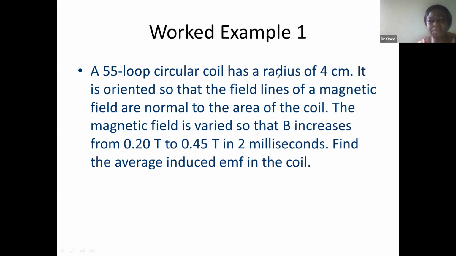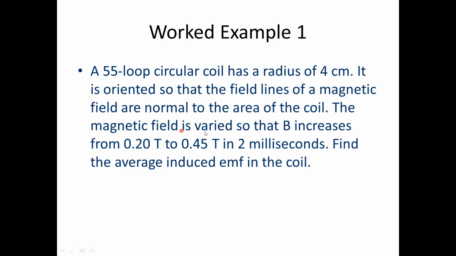This is worked example 1, question 1, which says: a 55 loop circular coil has a radius of 4 centimeters. It is oriented so that the field lines of a magnetic field are normal to the area of the coil.